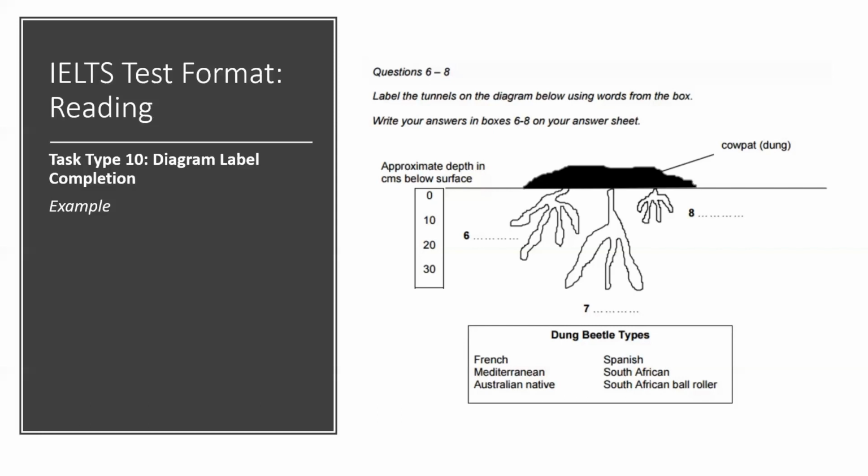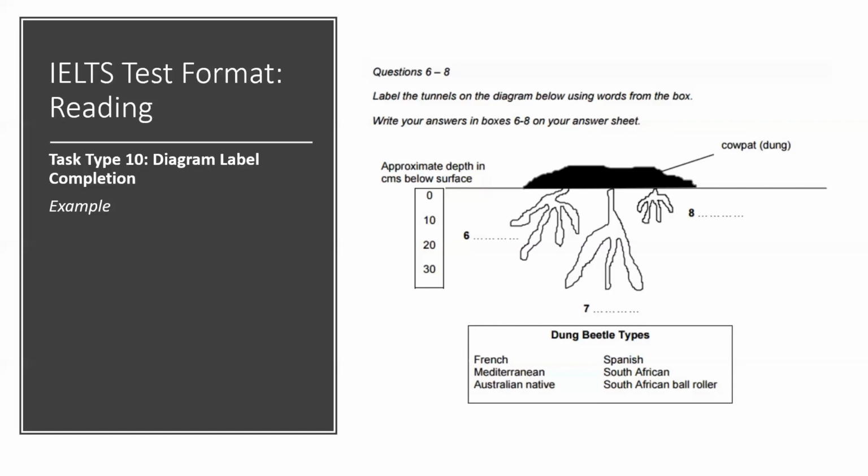Which information helps you to complete this diagram labeling? Like approximate depth in centimeters below surface. Will this help you? Kind of. 0, 10, 20, 30. Now these are centimeters, right?